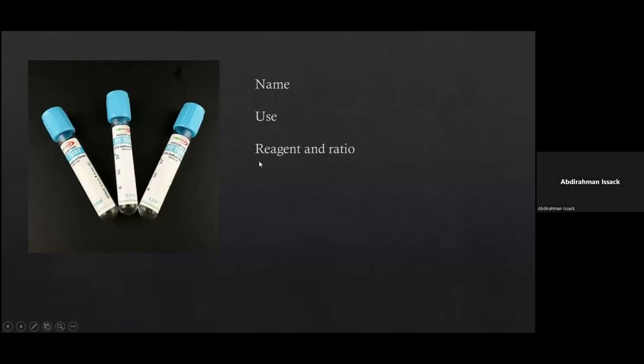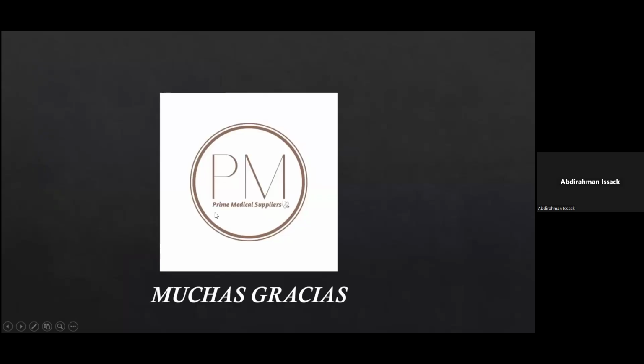What is the reagent it contains? Anyone? Hi guys, can you hear me? Yeah, sodium citrate, thank you. And the ratio of sodium citrate with the blood. So the ratio is 1 to 9, 9 parts blood and 1 part sodium citrate. I think that's the last slide.